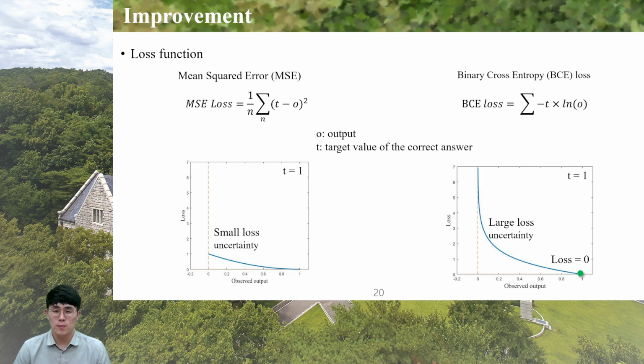As shown in the graph, BCE will provide more feedback to the model for the incorrect answer. In other words, if the generated result is clearly incorrect, the model will be penalized more heavily.